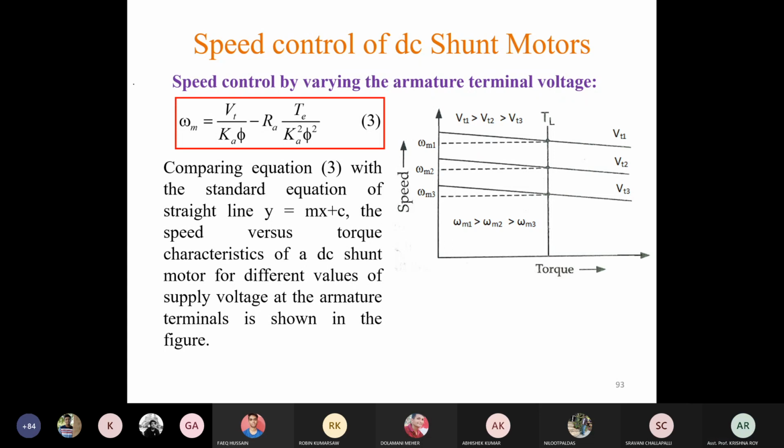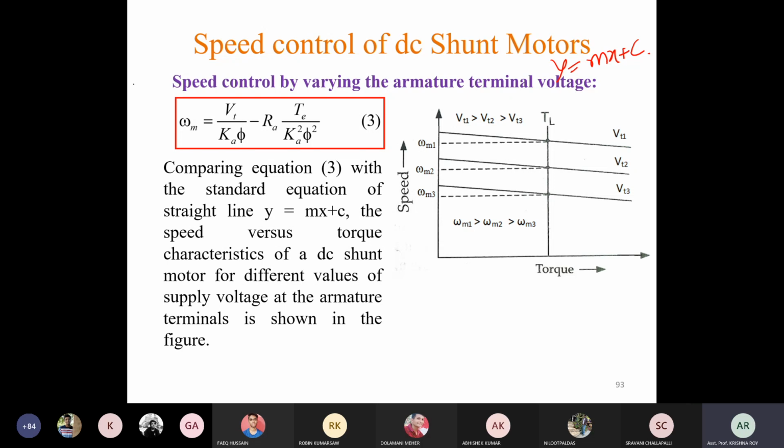Now we can see from equation 3 that it is an equation of a straight line. If we compare this equation with the generalized straight line equation y equals mx plus c, this is a linear equation, that means an equation of a straight line.